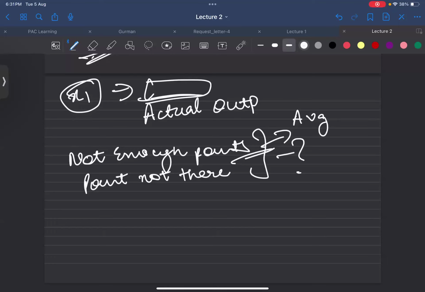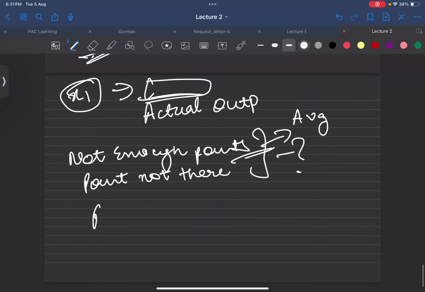I can't take those 5 numbers and say that it is the true output. And if the point is not there, suppose this is a new point existing in the testing data set, then what can we do? That's why we thought of relaxing the condition.